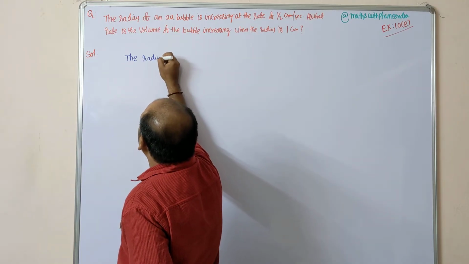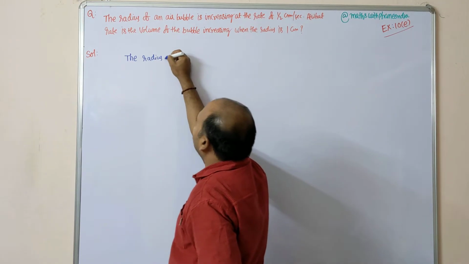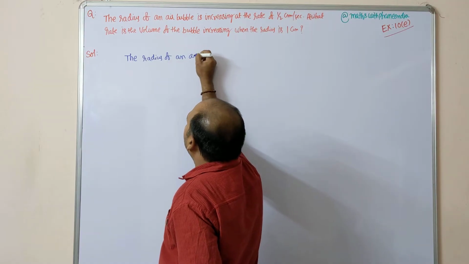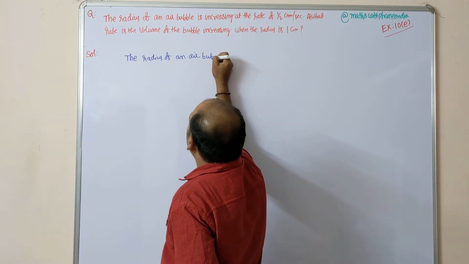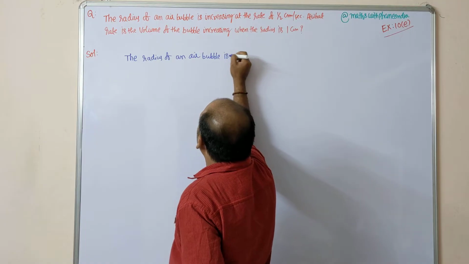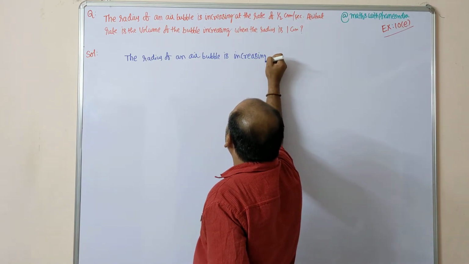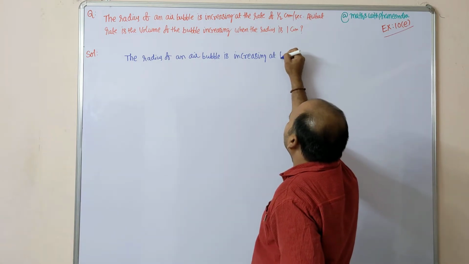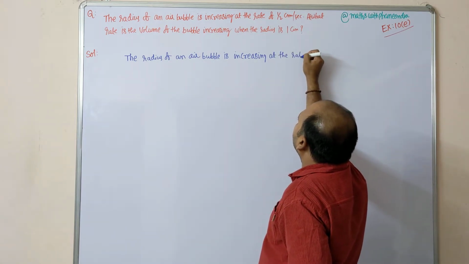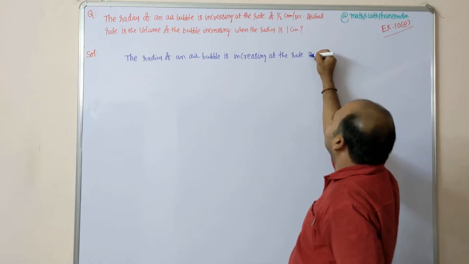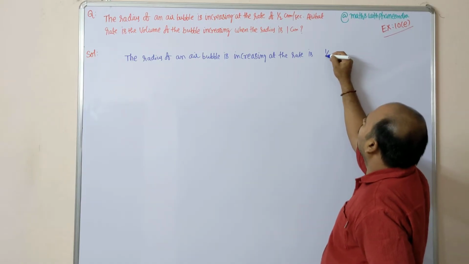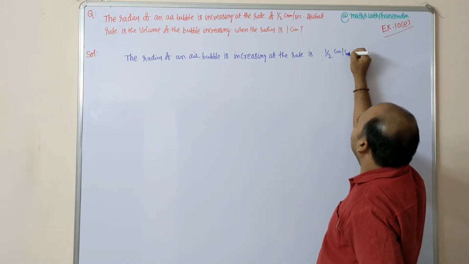The radius, as it is, you write it, students. The radius of an air bubble is increasing at the rate of 1 by 2 centimeter per second.